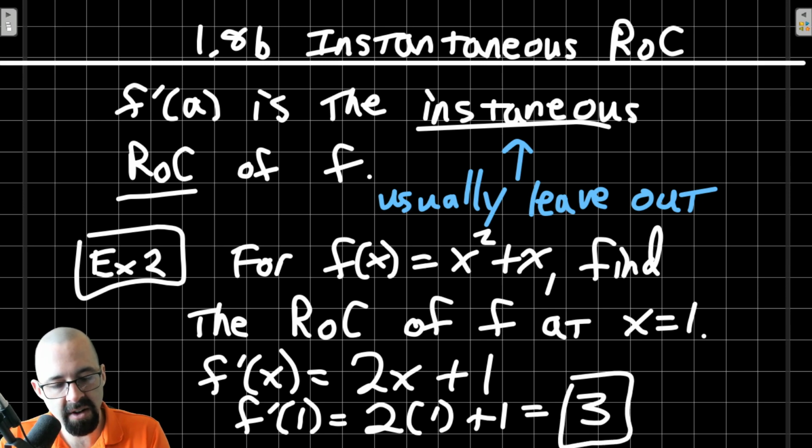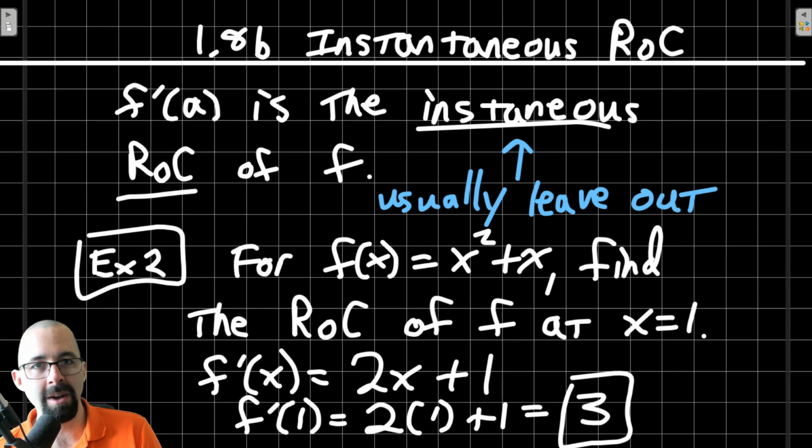So in the other one, we found that the average rate of change over a long interval was 4. Over a short interval, we found that the average rate of change was 3.1. Instantaneous, over an infinitesimally small interval, the rate of change is 3.